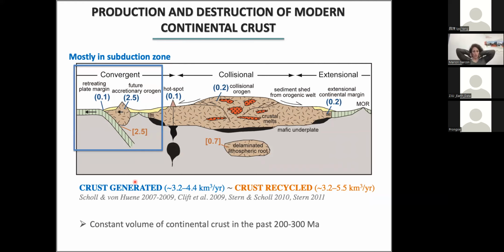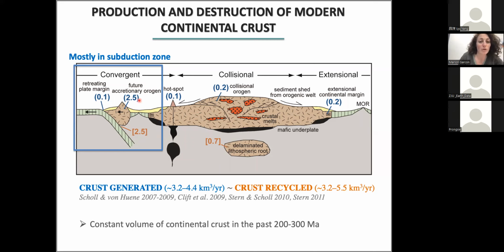Today, we also think we know how the continental crust is produced and destroyed. And according to several studies, continental crust is mostly formed and destroyed in subduction zones. Okay, you have here a diagram showing you, with the blue numbers, the volume of crust that is produced in different tectonic settings.